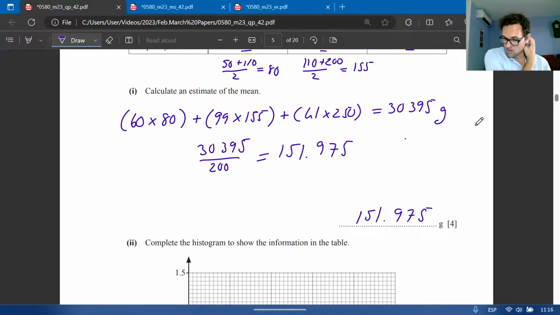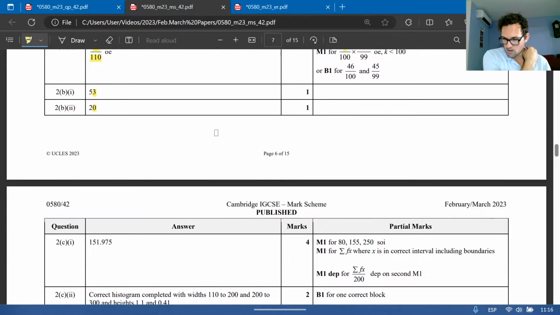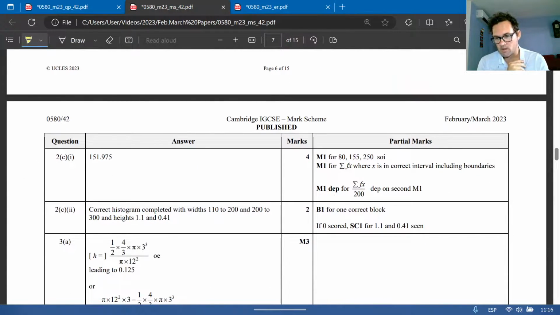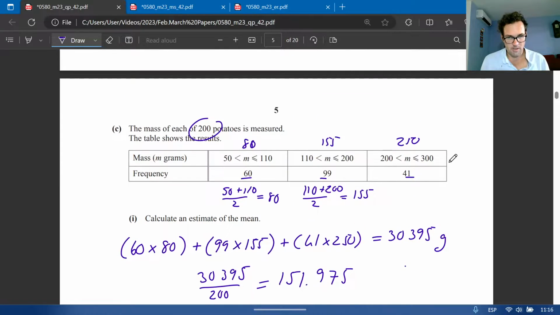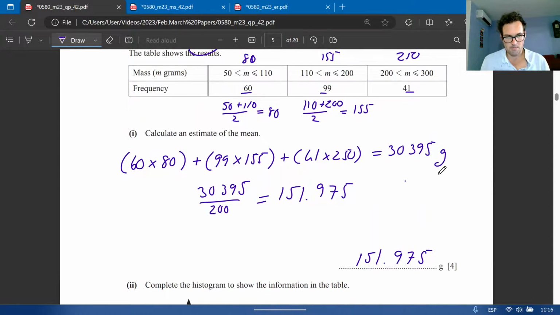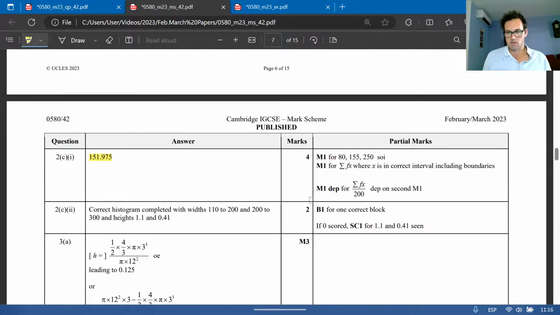So we can consider this as exact. Let's check. Yeah, so don't round this. This is an exact number. You only round it to three significant figures if it's not exact. So if it was non-recurring, non-terminating decimal values, then you round it. Don't round this. Always think, does it make sense? 151 grams is somewhere in the middle. It makes sense.